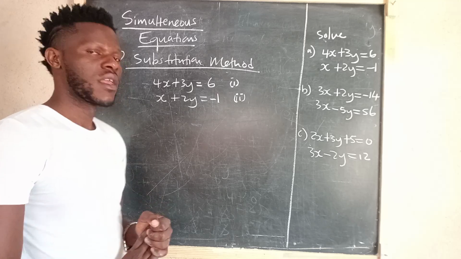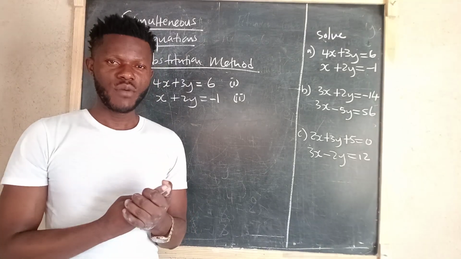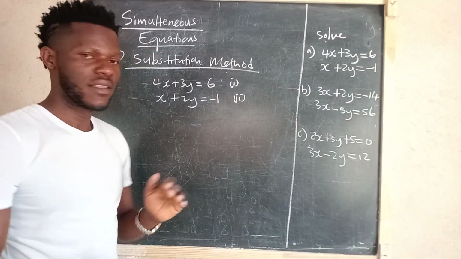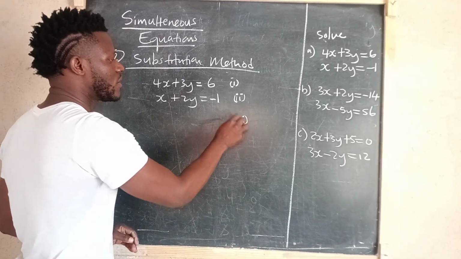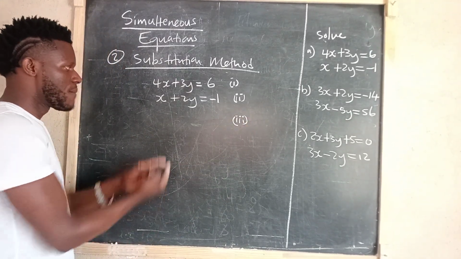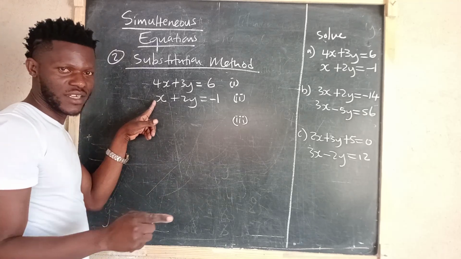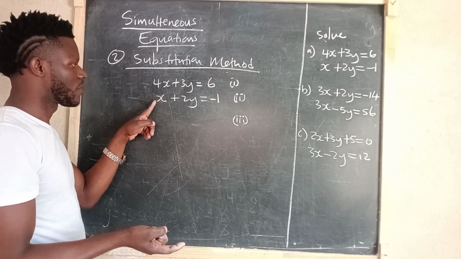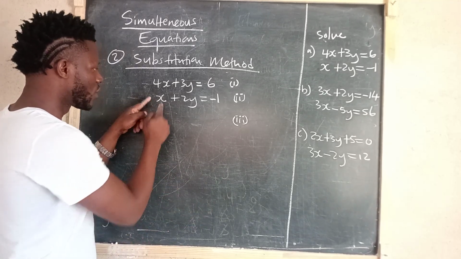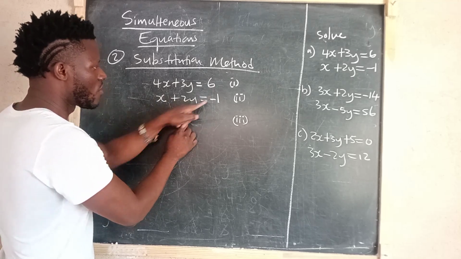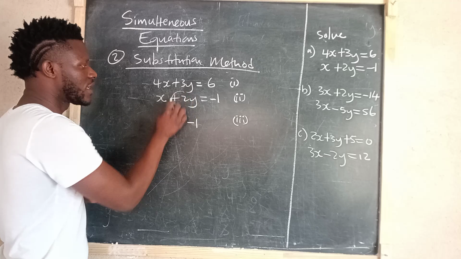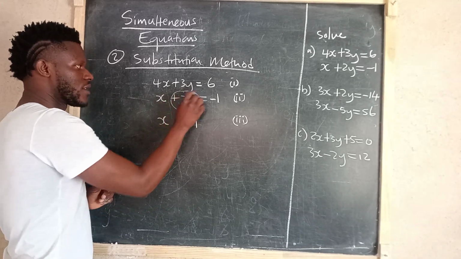Then secondly, you formulate equation number 3. How do you do that? You form equation number 3 by making that letter with coefficient 1 the subject of formula through the grouping method. So x will remain on the left hand side. x equals minus 1. Then let's regroup this 2y to the other side.